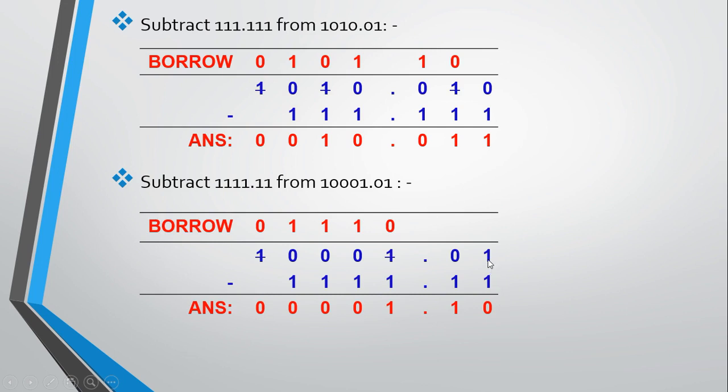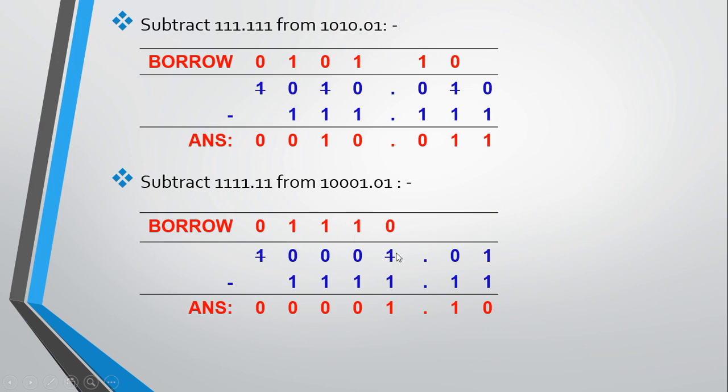Let us understand once again. 1 minus 1 will return 0. 0 minus 1 will return 1 and take a borrow from 1. 0 minus 1 will again arise.